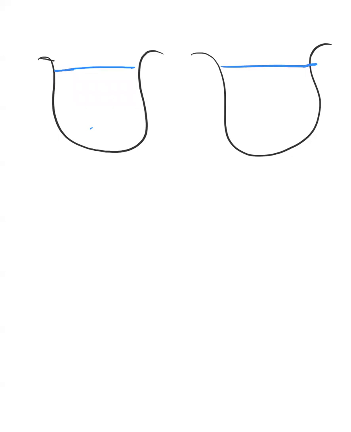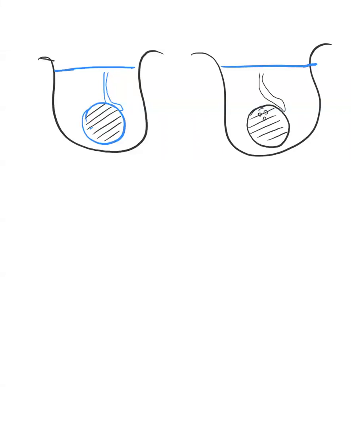I will put a basketball in here, and I will just hold it with my hand so that it doesn't float. And here I will put a bowling ball of the same size. Now I don't really have to hold it because the bowling ball will just sink. And the question is, which object experiences more buoyant force? Is it the basketball, or is it the bowling ball?